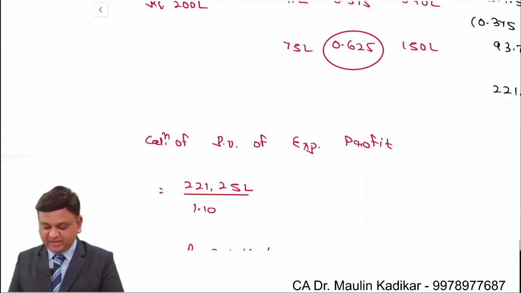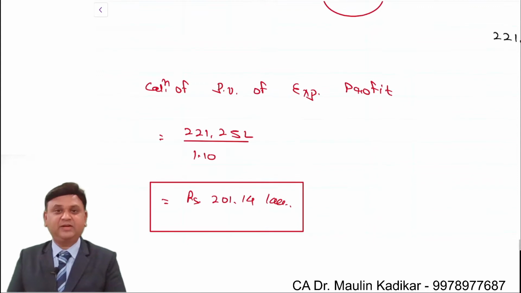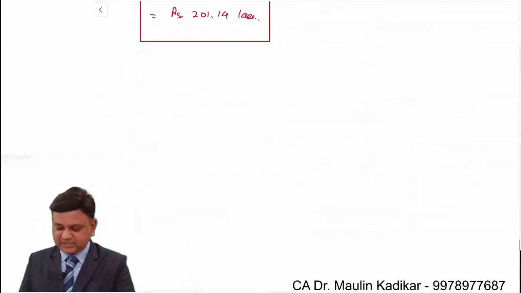And what is the current value of the land? Current value of the land is 201.14 lakhs. That is the current value of the land. Shall I write an answer further?